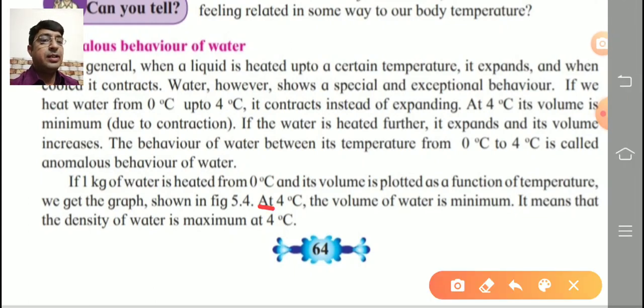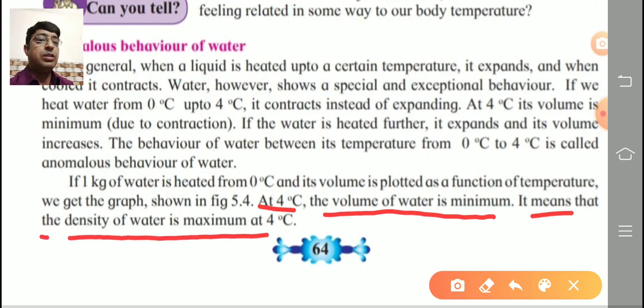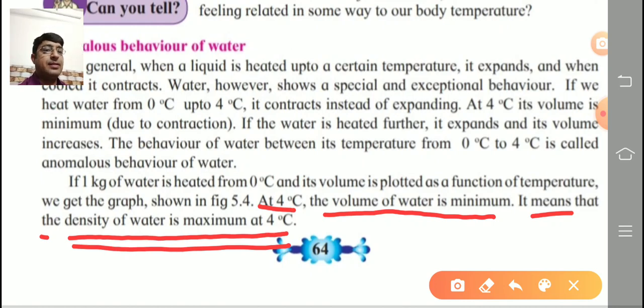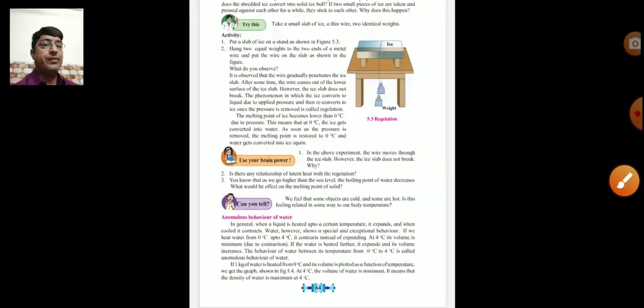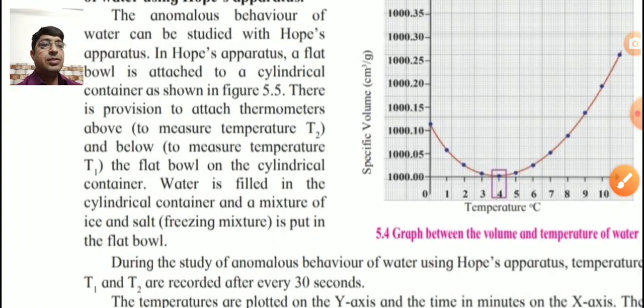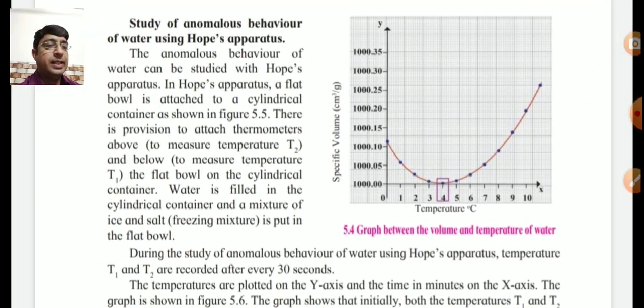At 4 degrees Celsius, the volume of water is minimum. It means that the density of water is maximum at 4 degrees Celsius. Volume is minimum at 4 degrees Celsius, but density is maximum at the same temperature. Remember these concepts.